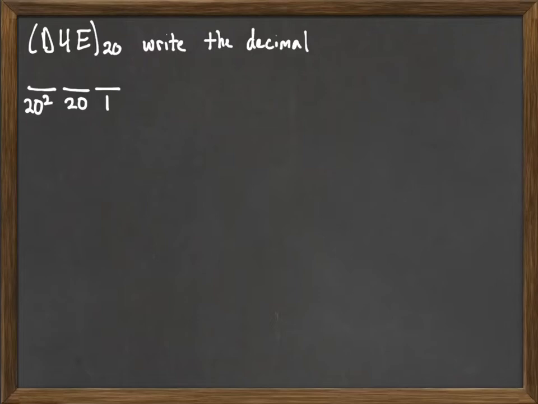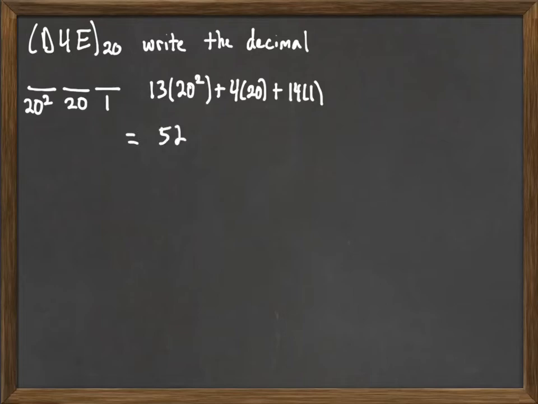Remember also, for numbers bigger than 10, we use the letters A through J. So D would be 13 and E would be 14. So we could write that out as 13 times 20 squared plus 4 times 20 plus 14 times 1. And then we just add that up to get our answer, 5,294.